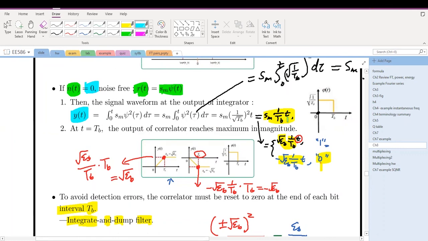So at small t equals Tb, the terms cancel out each other. Therefore, at Tb, the output of the correlator equals Sm. And this is exactly here when digital 1 is transmitted. This is S1, the coefficient when digital 1 is transmitted. This is S2, the coefficient when 0 is transmitted. These coefficients are the geometric representations.